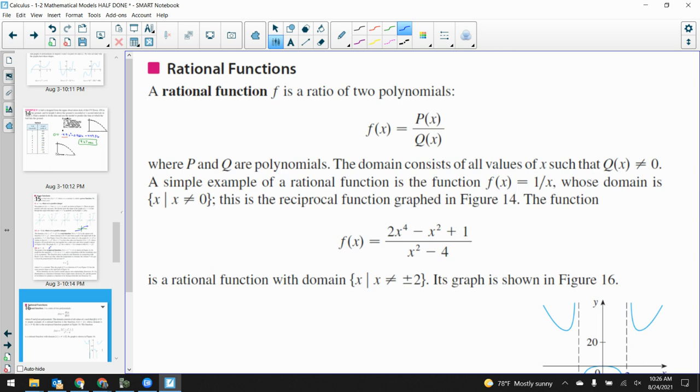We have to always consider what x values are not part of our domain. We always have to say, okay, what's going on with the denominator? What can't x be? Like in this case, plus or minus 2. So you always have to be very careful of what's happening in the domain, because usually what's happening with the zeros in the denominator, vertical asymptotes, all sorts of things that we learned from the past 2 years.